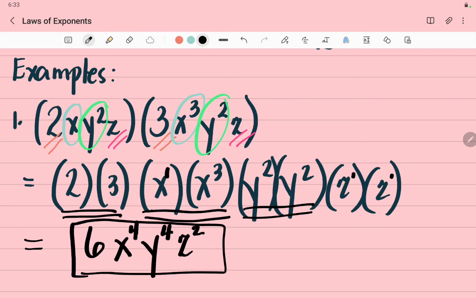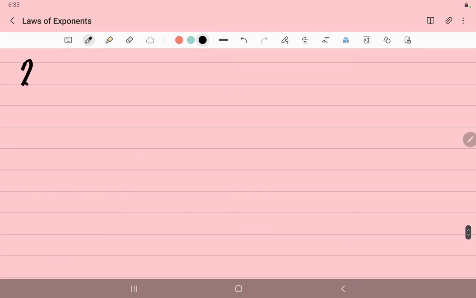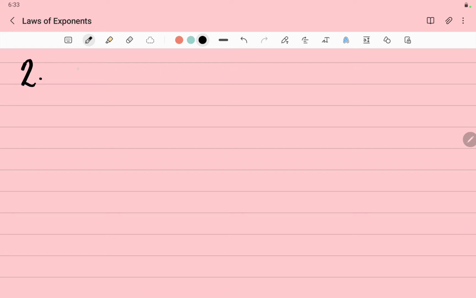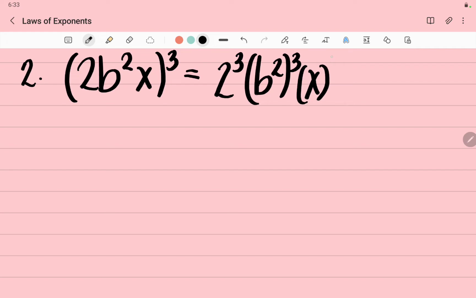Okay, may we have another example here. Number 2. Example. Let's say we have (2b squared x) raised to 3. Okay, distribute the exponent. So we have now 2 cubed, b squared cubed, x cubed.